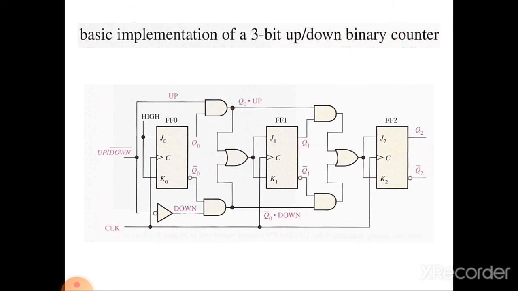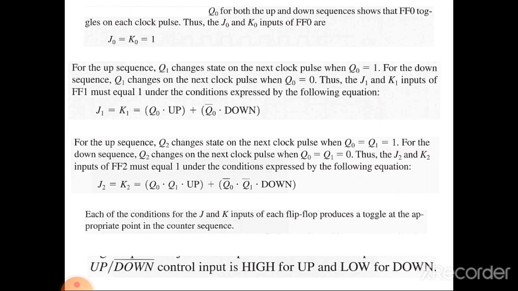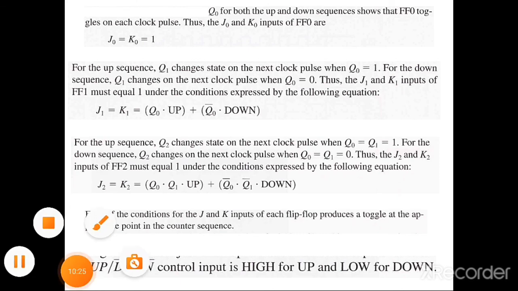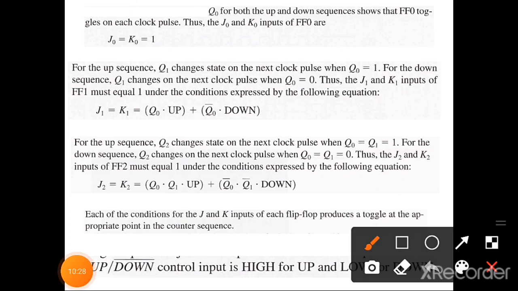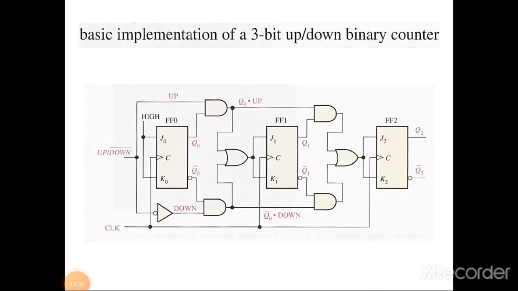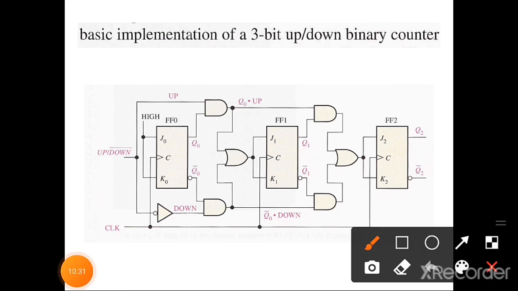And in the third stage, here J2 and K2. J2 and K2 mean Q0 into Q1 into up for upward counting. For downward counting, its value is Q0 bar into Q1 bar into down. So here this AND gate obtains Q0 into up.